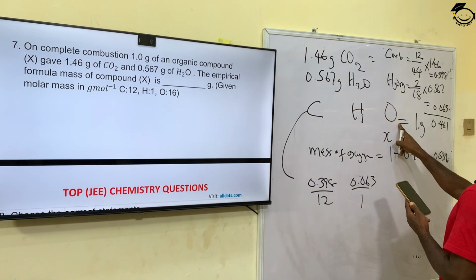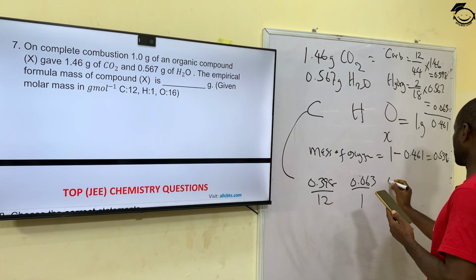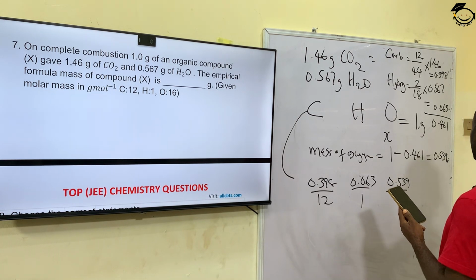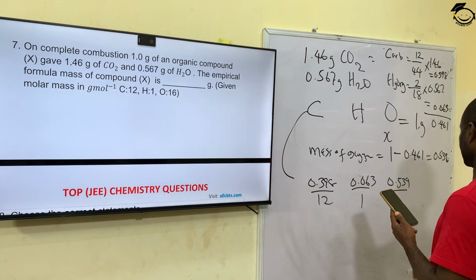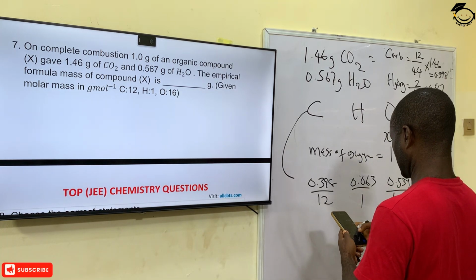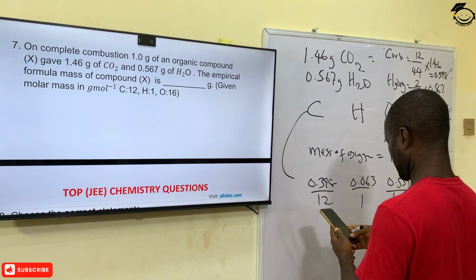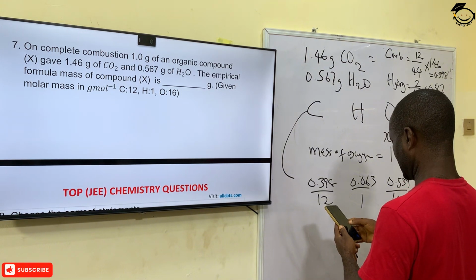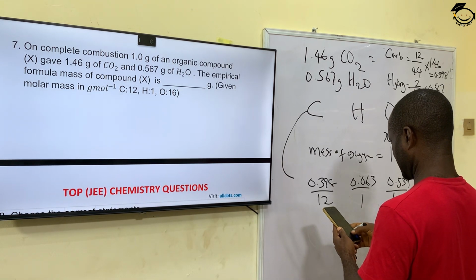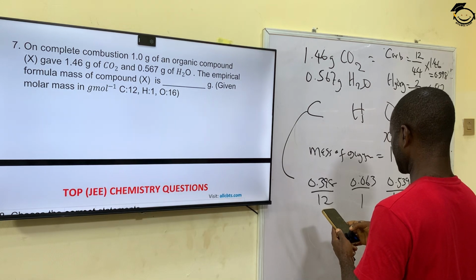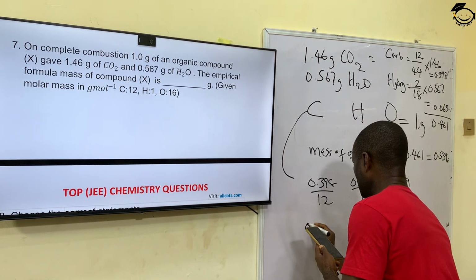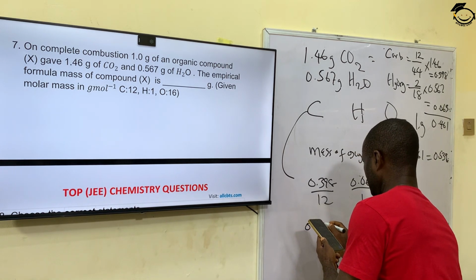Then oxygen, 0.539 over 16, and you know oxygen is 16. So solving this, we have 0.398 divided by 12, which gives us 0.033.